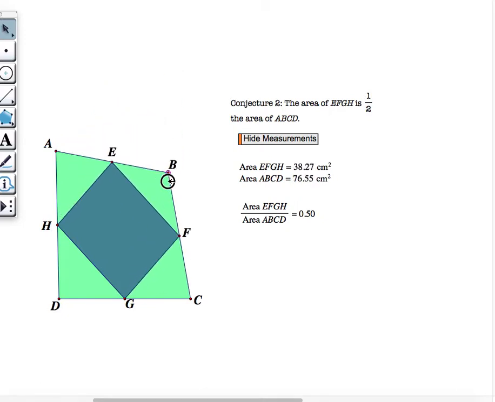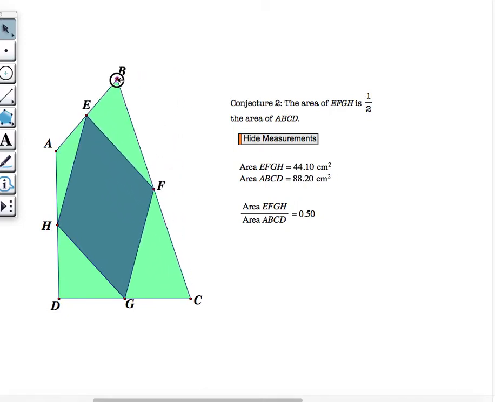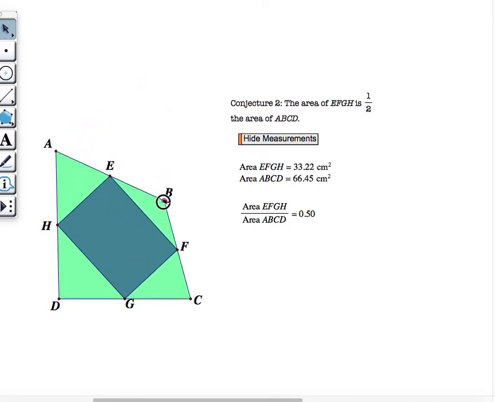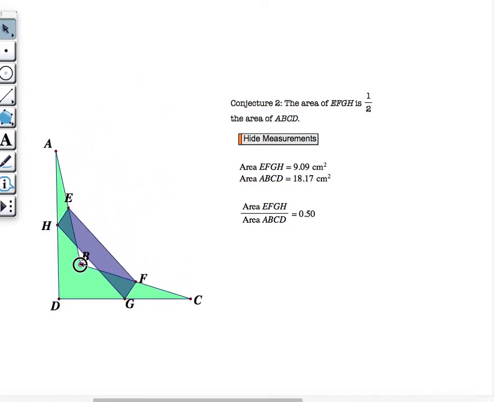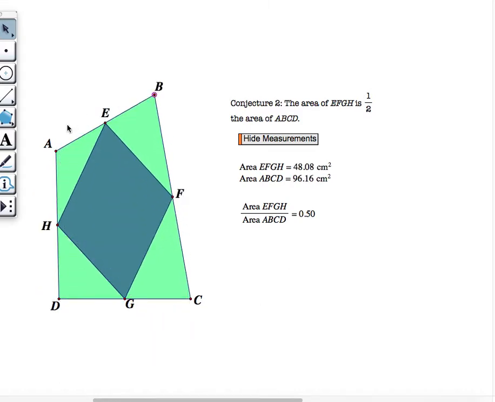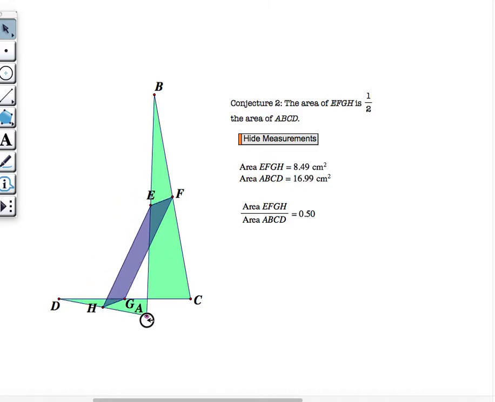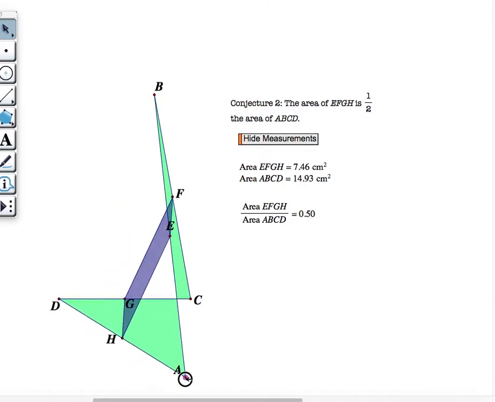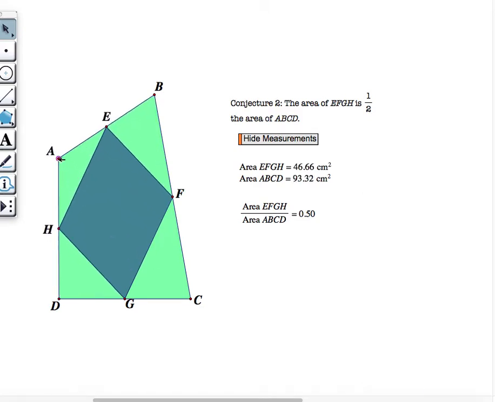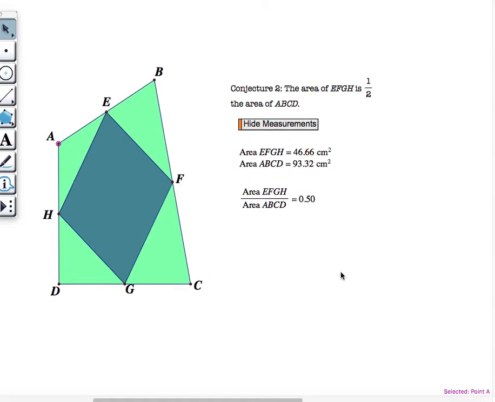You can see when we drag these around, the ratio between their areas remains the same, 0.5. Even when we drag the vertices and make the larger quadrilateral not even a simple polygon, and not a convex polygon, the ratio between the areas is invariant, according to Sketchpad.